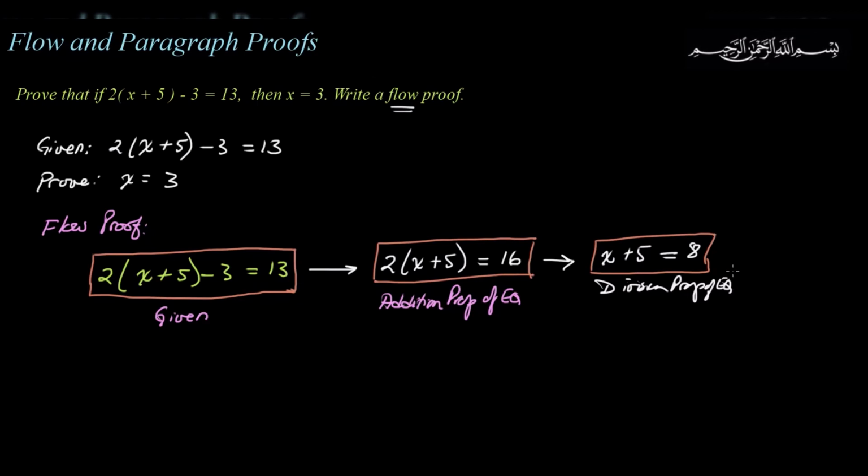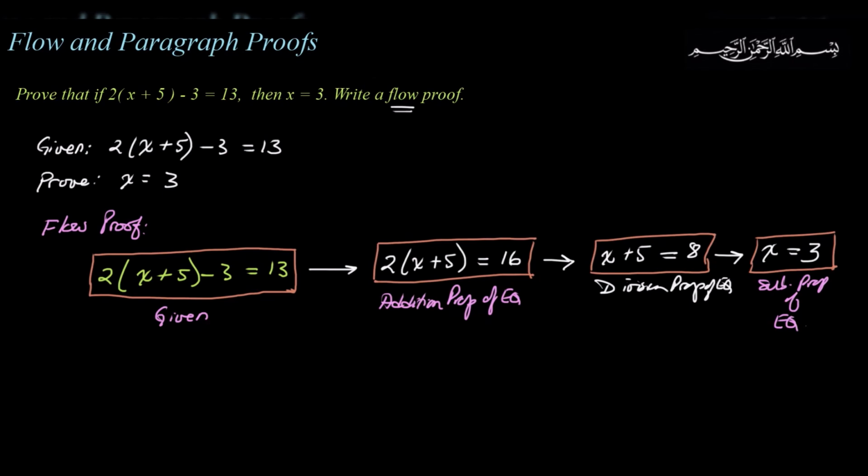And finally, I can subtract 5 from both sides of the equation, and x is equal to 3 over here, like this, right? And what is the rationale for this? Well, there's a reason why I reviewed all these properties here, and the rationale, of course, is the subtraction property of equality for real numbers.